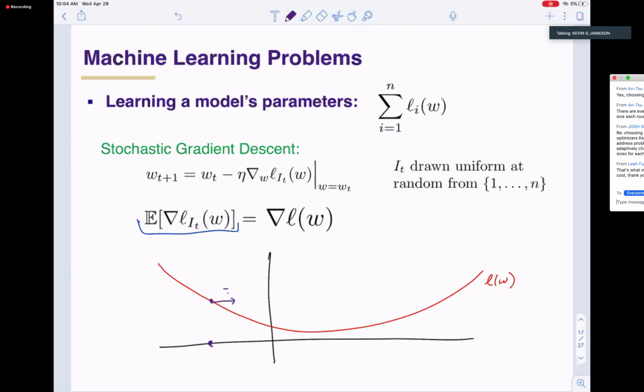So this is negative grad L of W. This is W. That's the true gradient.